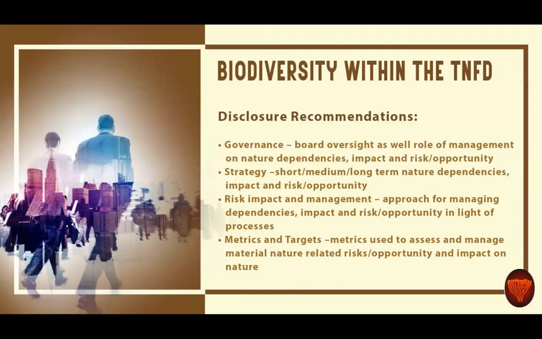And they also recommend a list of metrics that should be considered. Now, most of these metrics are effectively human-related metrics. What do I mean by that? Well, you look at them and it's tons of water consumed, greenhouse gas emissions, tons of plastic pollution. But in between that list, there are some ecosystems metrics, and yet only a handful of biodiversity-related metrics.